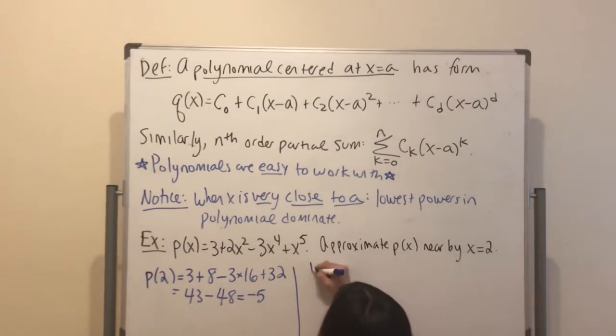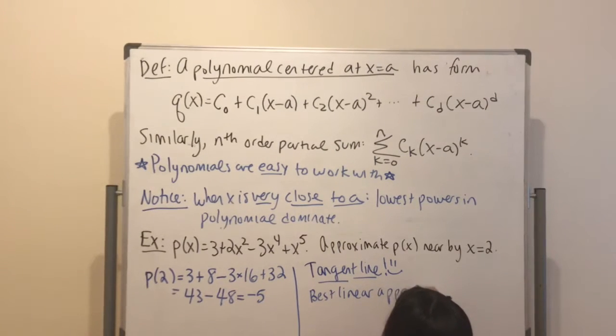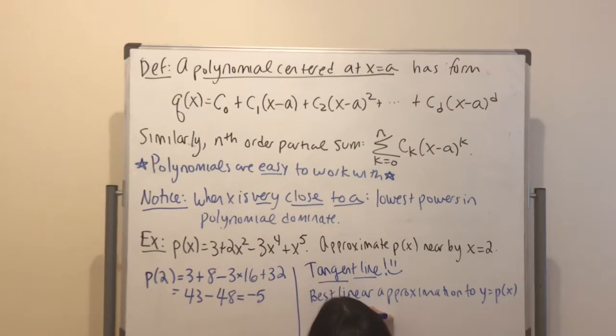So let's calculate this. We know the tangent line. Yay! Okay, I love calculus 1. The tangent line, this is the best linear approximation to y equals p of x near, well, now I know the point.